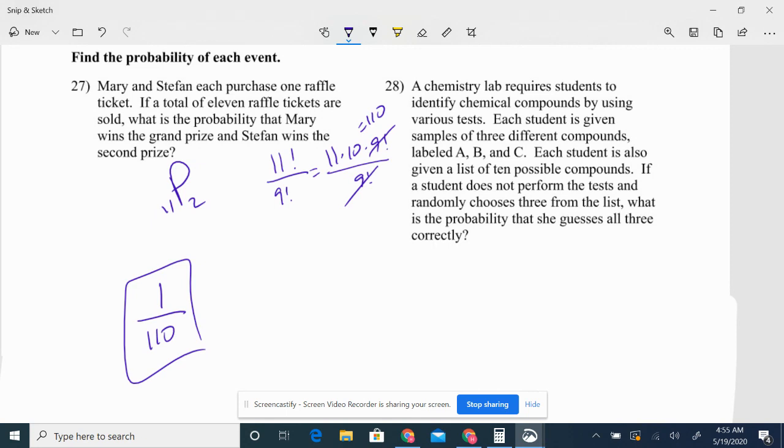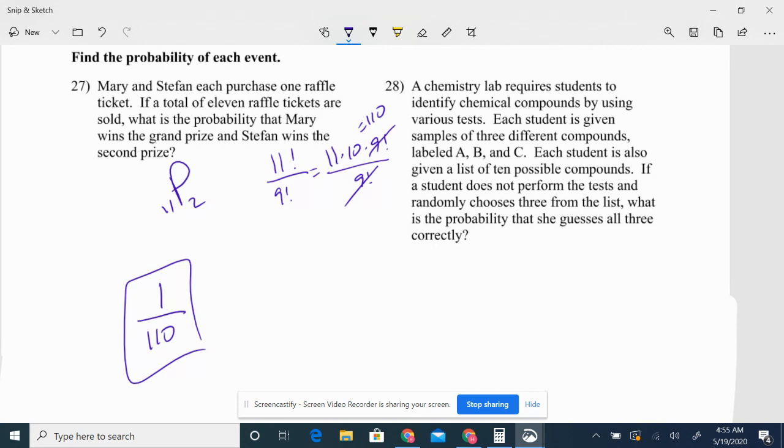Question number 28. A chemistry lab requires students to identify chemical compounds by using various tests. Each student is given samples of three different compounds labeled A, B, C. So I have three things I had to find out. Each student is also given a list of 10 possible compounds.